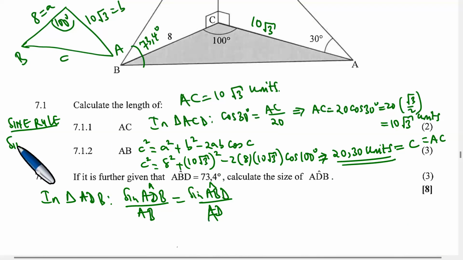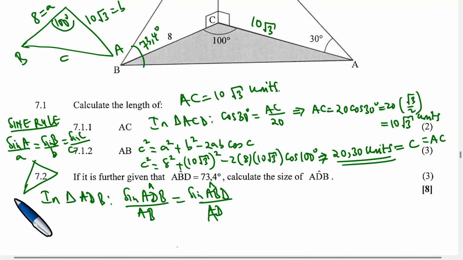The sine rule says sine A over a is equal to sine B over b is equal to sine C over c, where you have the triangle like this, and you have A, B, C, and small b is opposite B, small a is opposite angle A, and small c is opposite angle C.